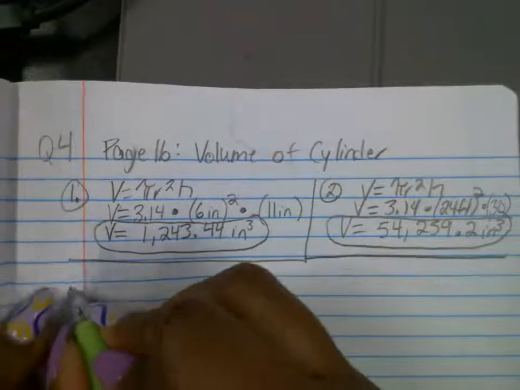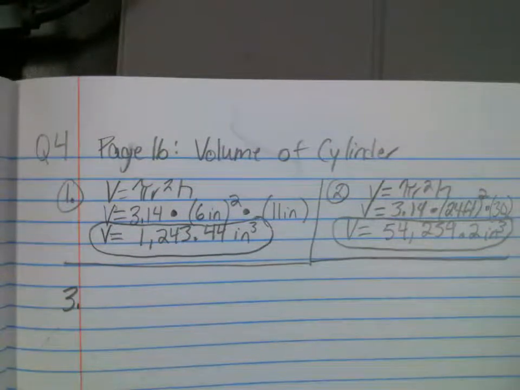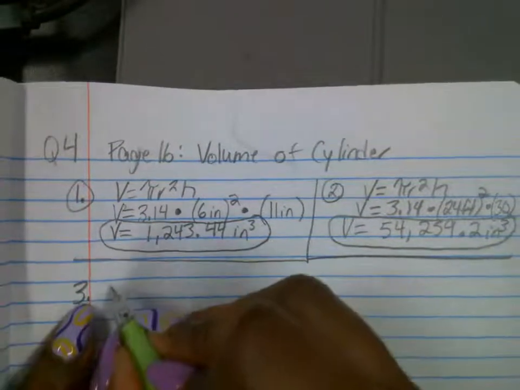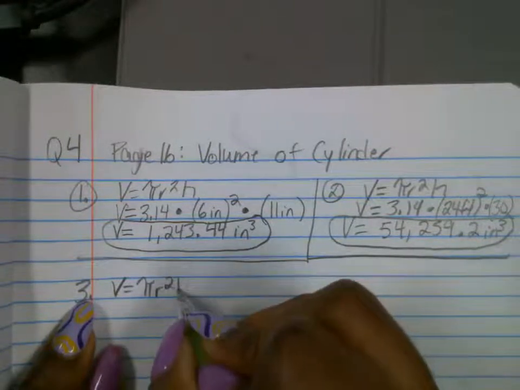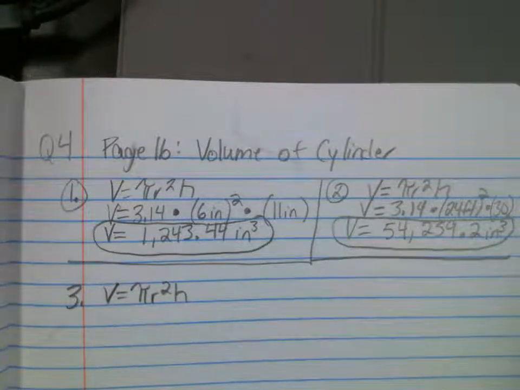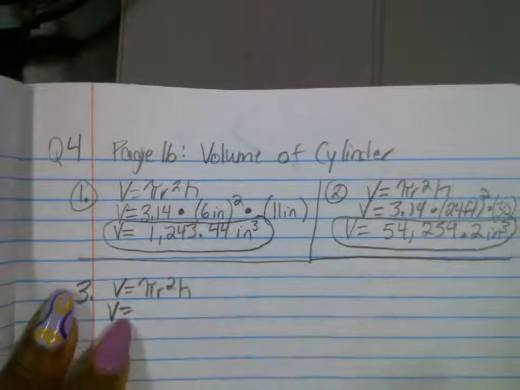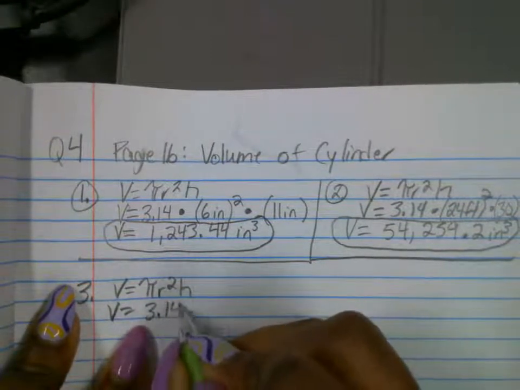Number 3. Rewrite the formula. You should be learning the formula. Know it by heart, okay? V is equal to, what do we put in the place of pi? 3.14.